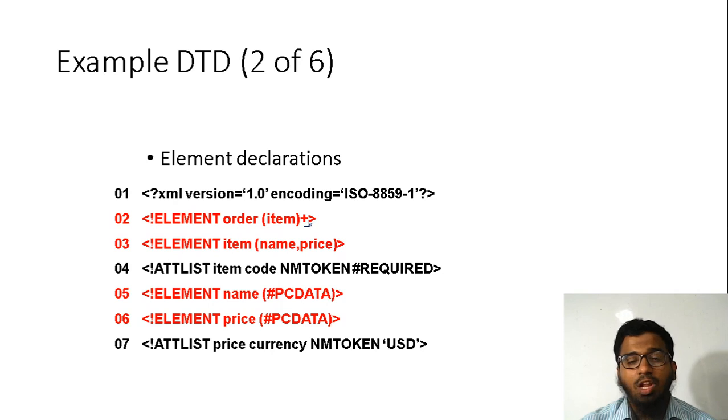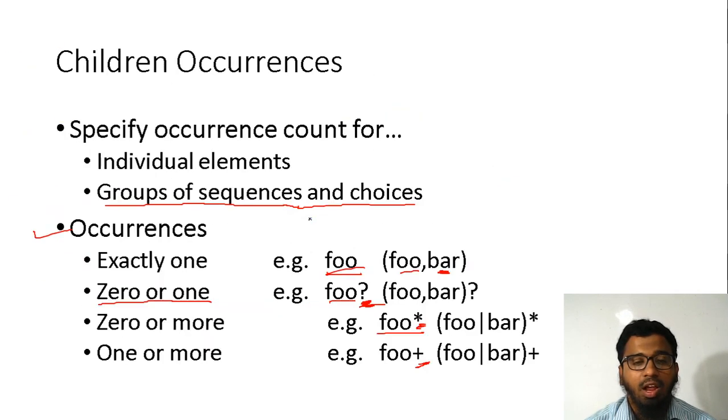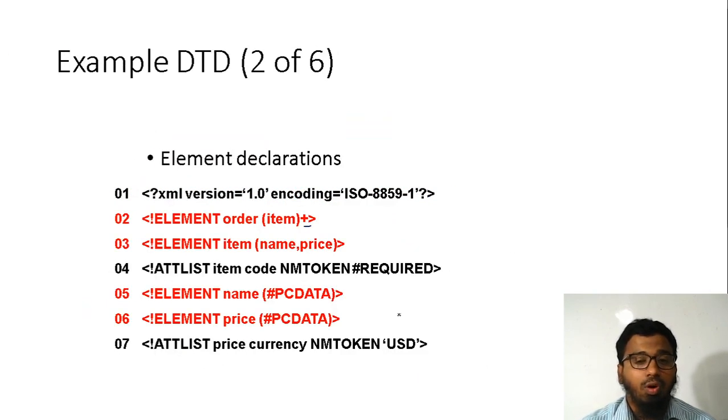Whenever we have this plus symbol, one or more, take any one item or more items. This means there should not be a zero. Exclamation mark ELEMENT item name comma price. So what items have I taken? Two items: one is name, another one is price.